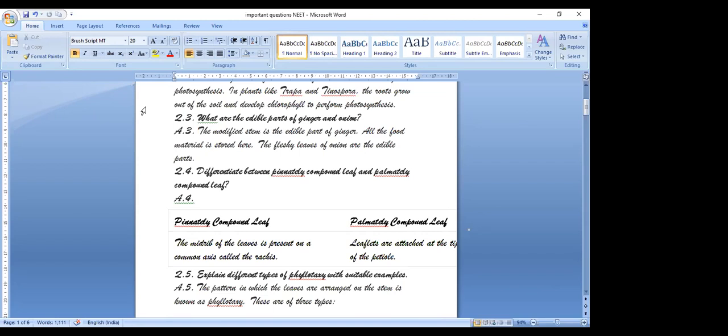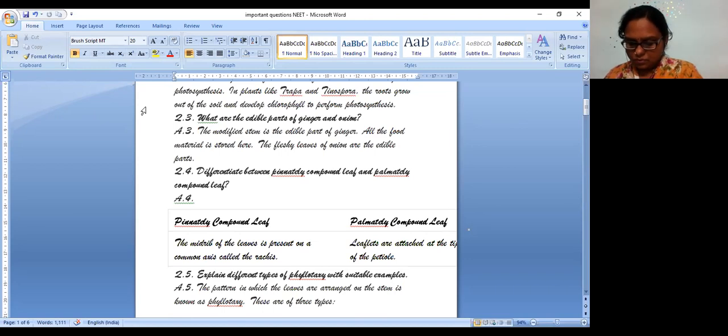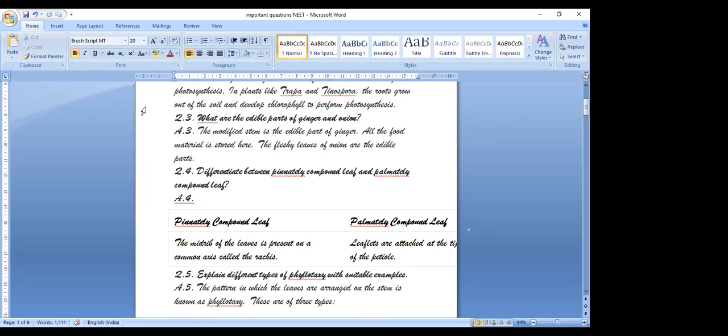And you have pinnately also. Yeah, this is the pinnately. Can you see pinnately? There is a long center branch. On either side, you have the leaves. Can you see the difference? I'm not having that pen, students, otherwise it could have been more clear.